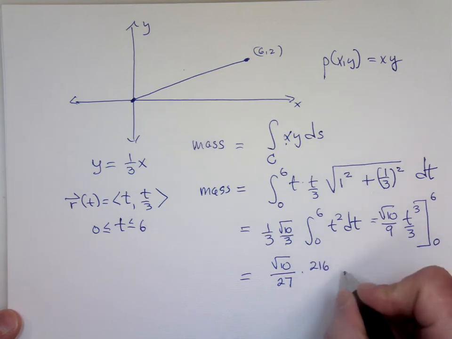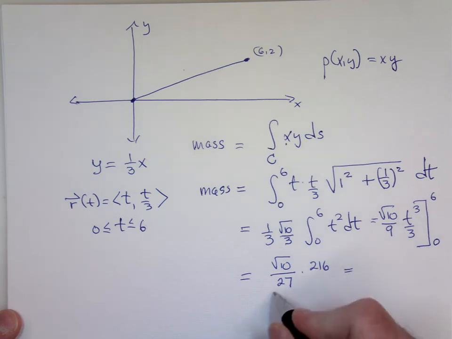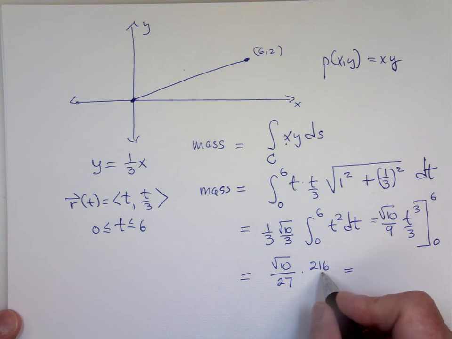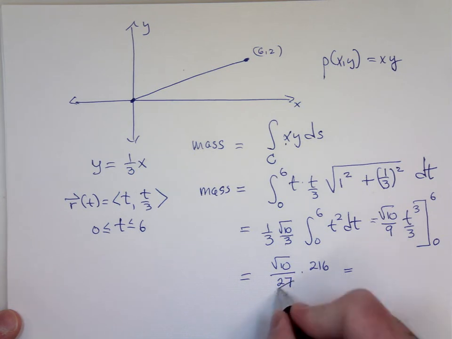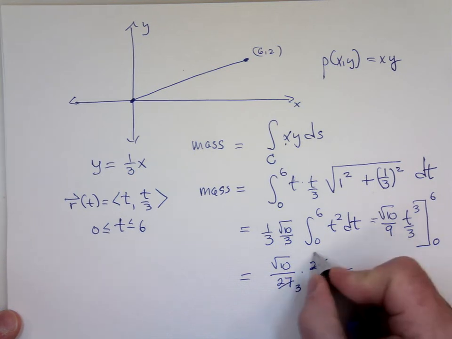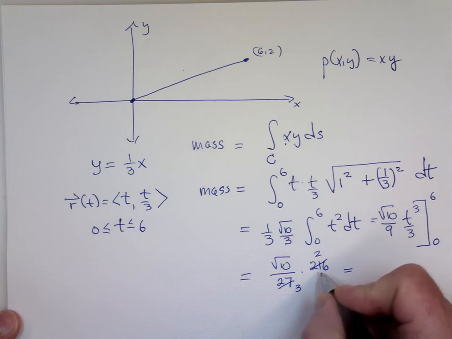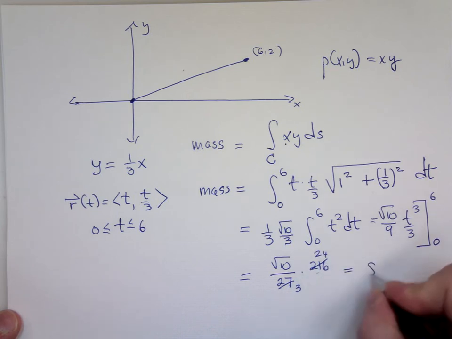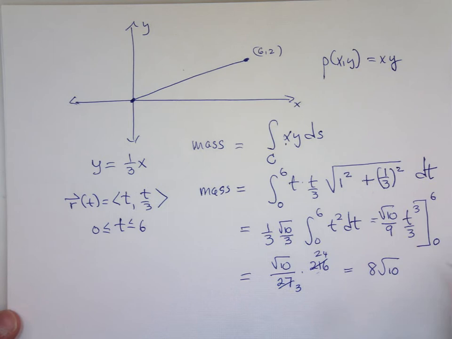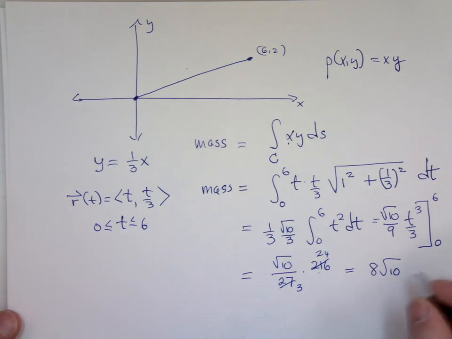And we can certainly simplify this. 9 goes in there 3, 9 goes in there 3, 9 goes in there 2, 18, 24. Oh, 8. 8 square roots of 10. Okay. That's the mass of that wire.